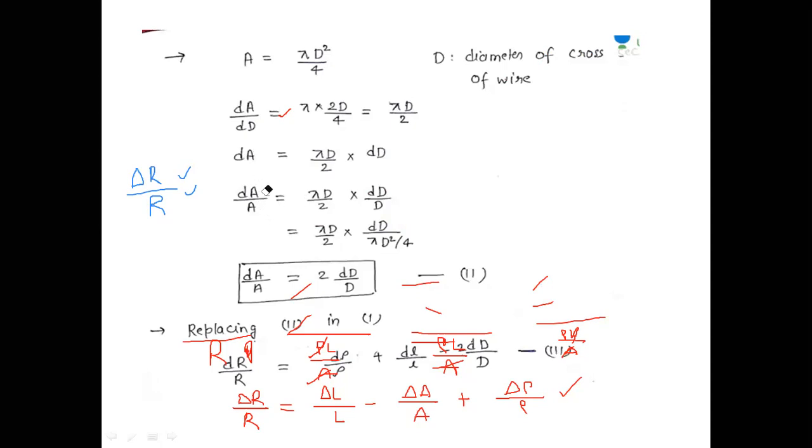Dou A by actual area equals pi d by 2 into dou d by pi d square by 4. So 2 dou d by d I am getting here.